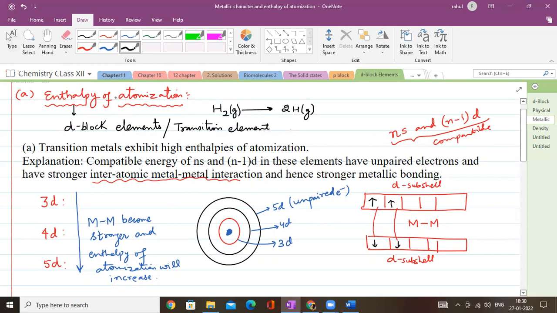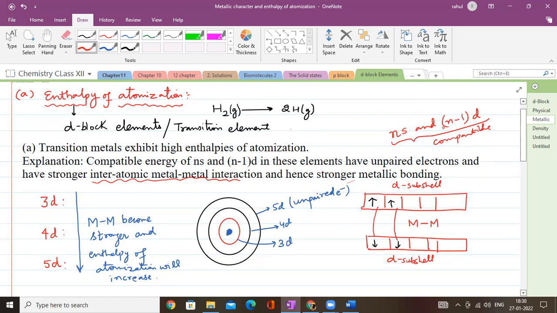See, as we have already done, ns and (n-1)d subshells almost have compatible or comparable energy. In transition elements, the 3d as well as the 4s have comparable energy.